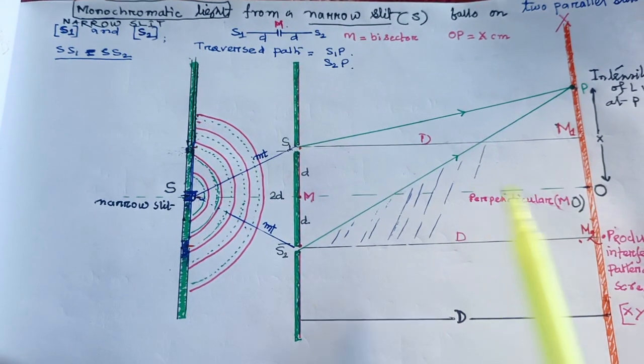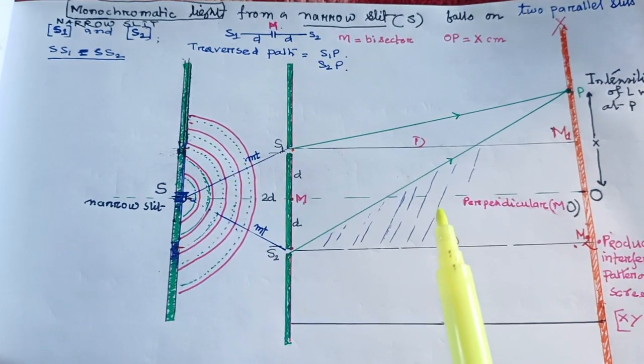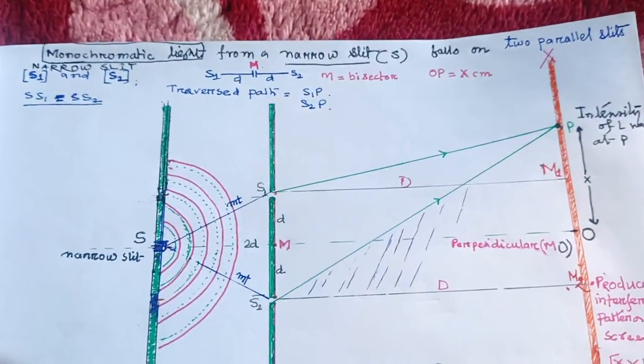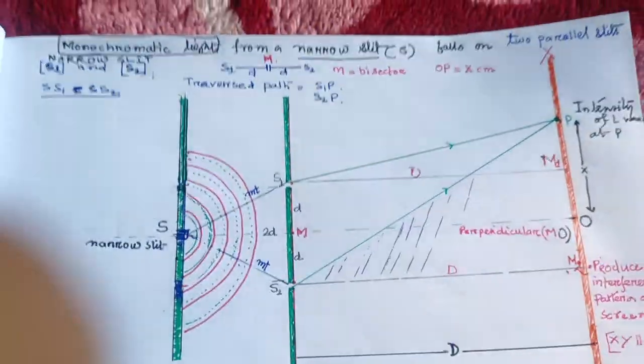So the distances we can calculate, and we will calculate the spacing distance between two consecutive bright fringes.